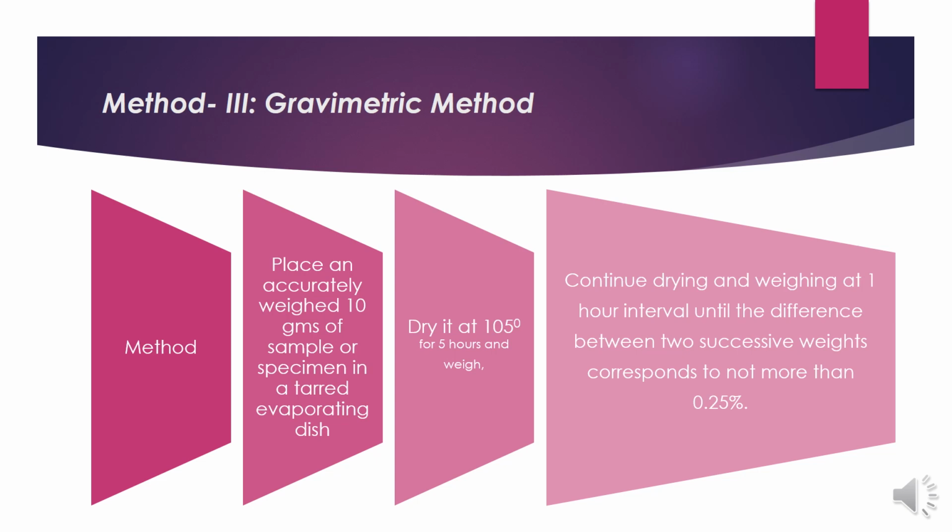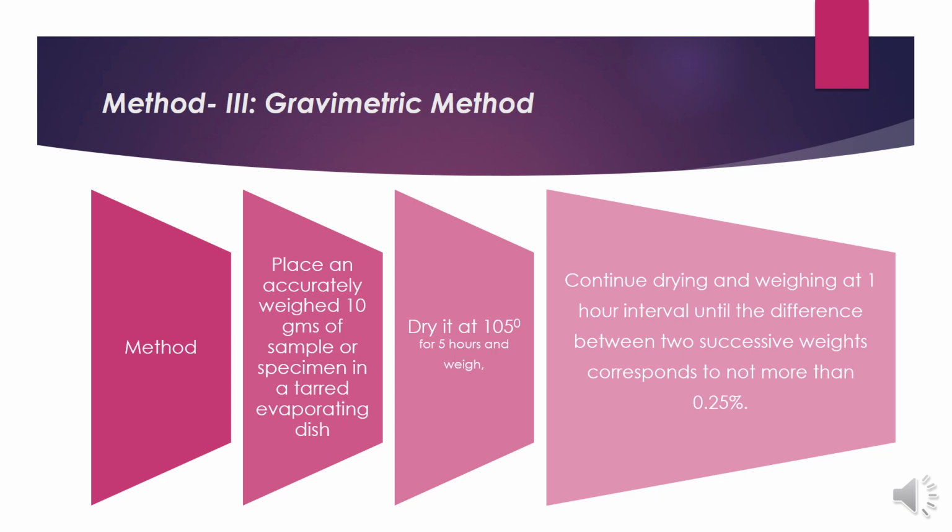So you have to continue this drying and weighing at 1 hour intervals until the difference between two successive weights corresponds to not more than 0.25%. Basically after 5 hours you have to continue this drying, and after every 1 hour weigh it again until for the two successive weights, one after the other, the difference is not more than 0.25%.